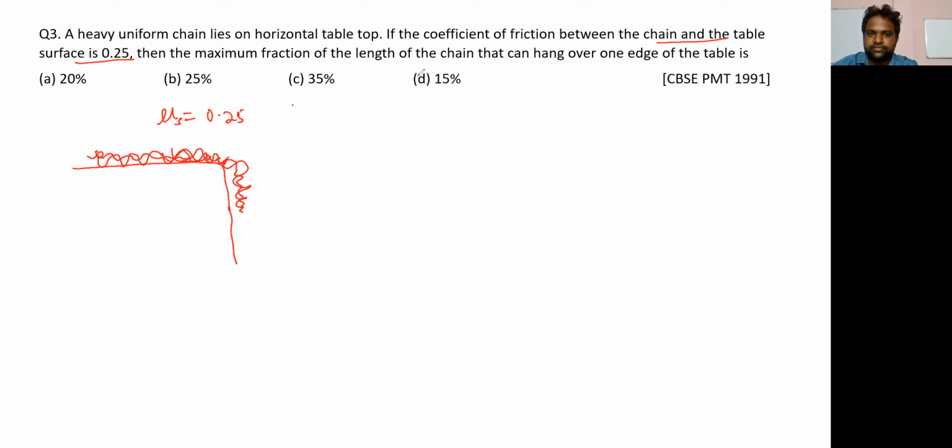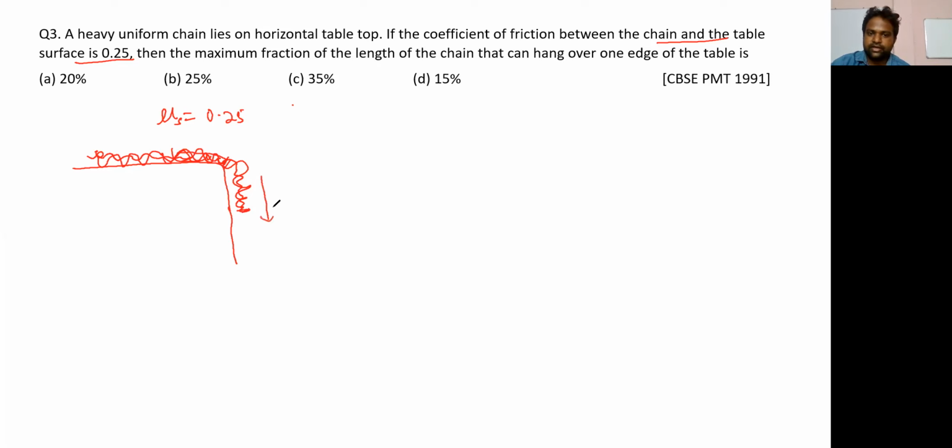But the question is, it should not slide. Then the maximum fraction of length that can hang over the table. That means the question asks, what shall be this length of the chain so that it can hang over this surface, and beyond this length, the chain will start sliding.